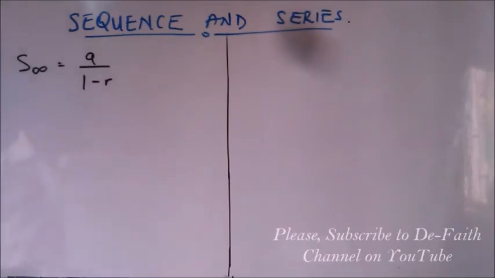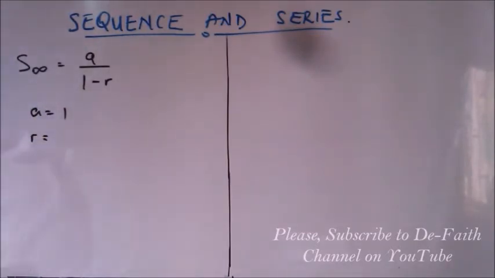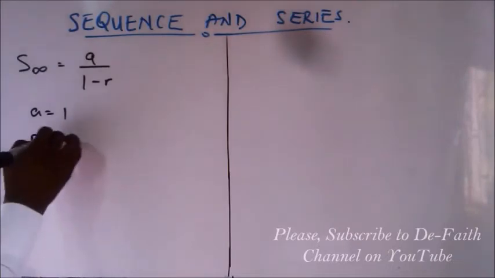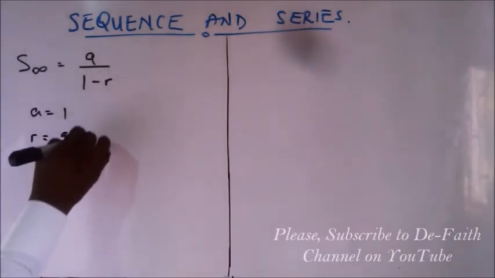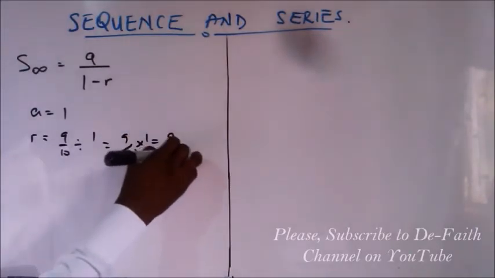Here, the first term, a, equal to 1. And to get the common ratio, we'll have the second term divided by the first term. Here, the second term is 9 over 10 divided by 1. That is 9 over 10 times 1, and so that's 9 over 10.